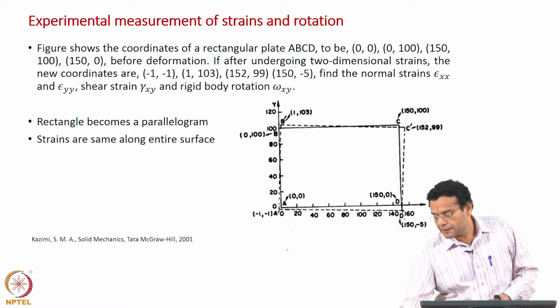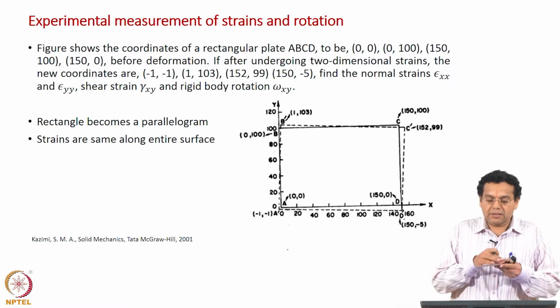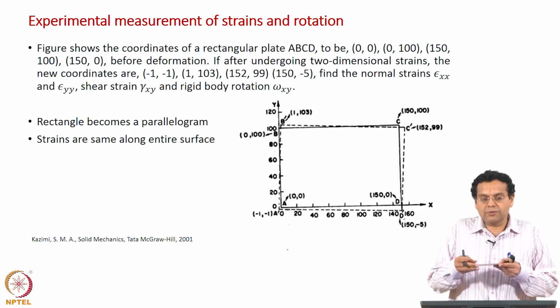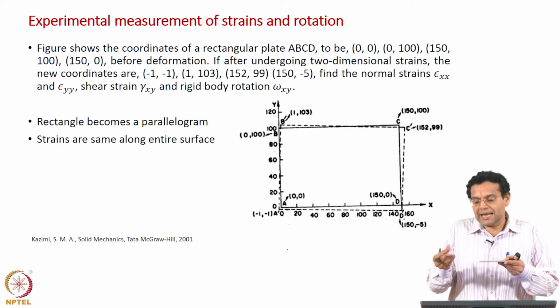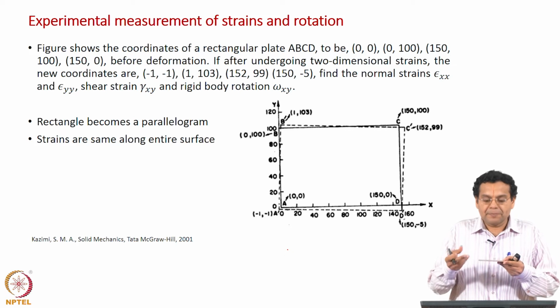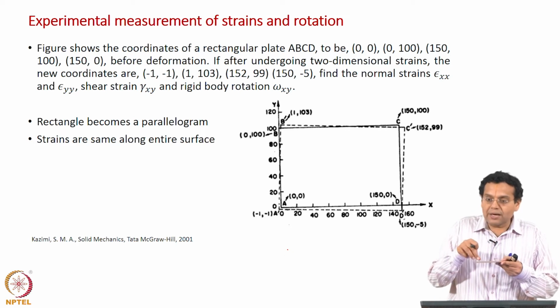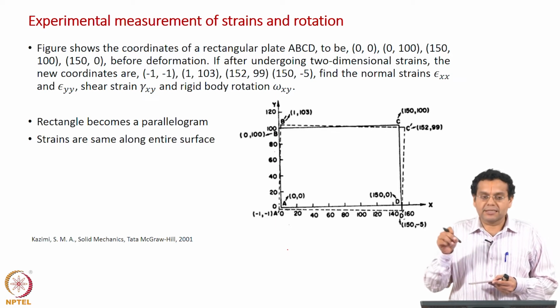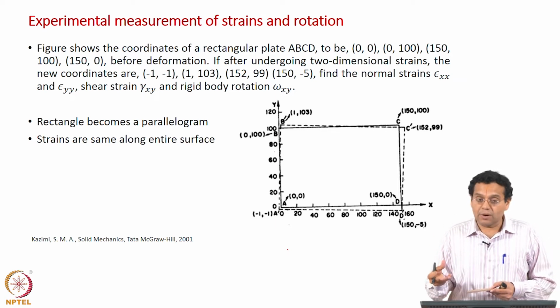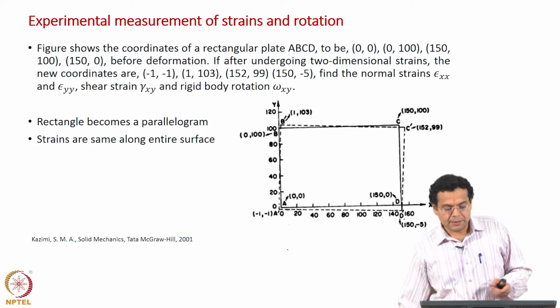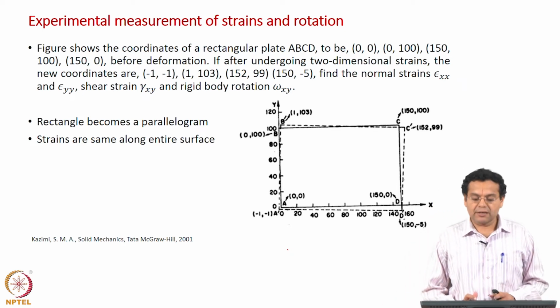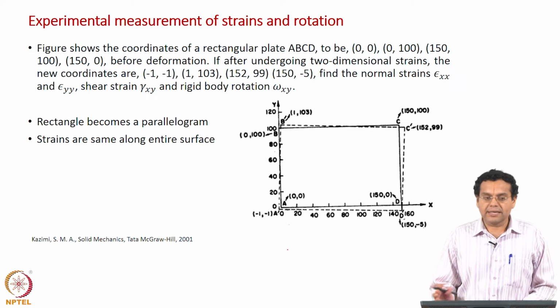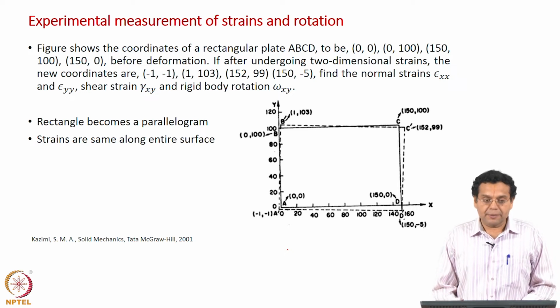You have a plate, and then there is some initial state, let us say you applied some force, something happened, some change in angle or length, etc., and then you can find out the new coordinates. That is why the title says experimental measurement of strains and rotation based on the coordinates. Okay. So, let us quickly read. Figure shows the coordinates of a rectangular plate ABCD, the coordinates are given, okay, before deformation.